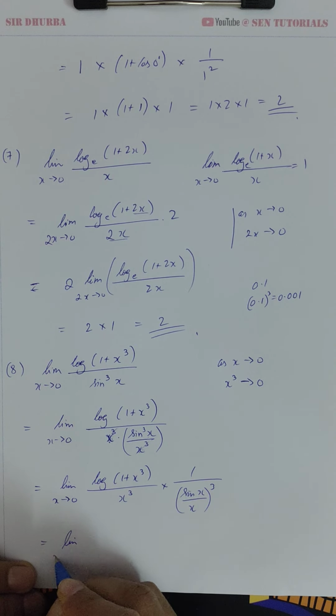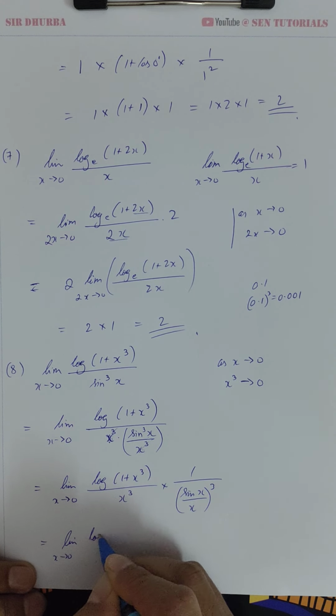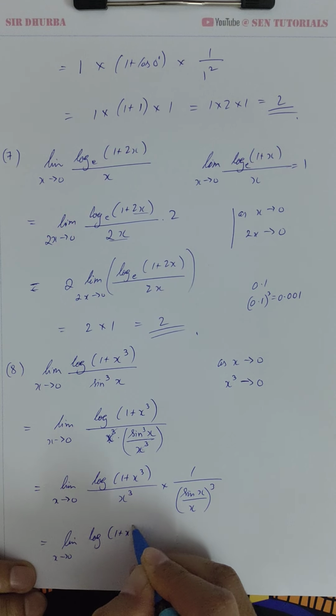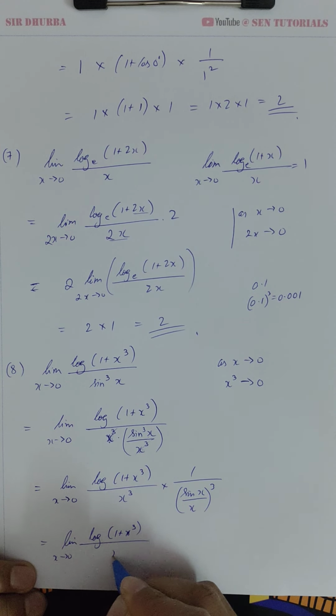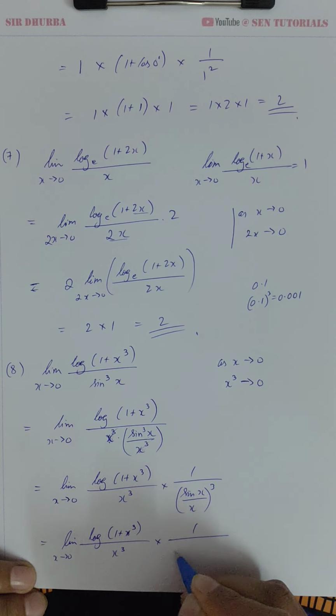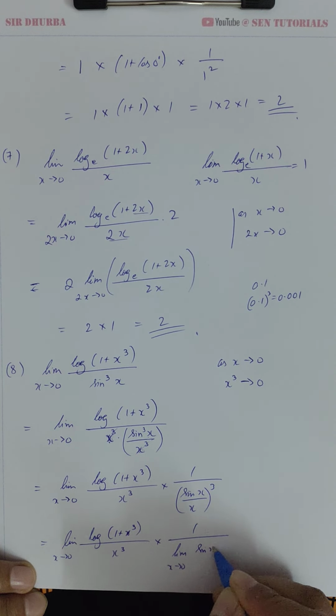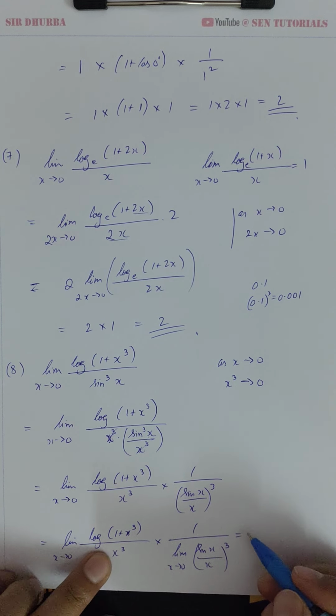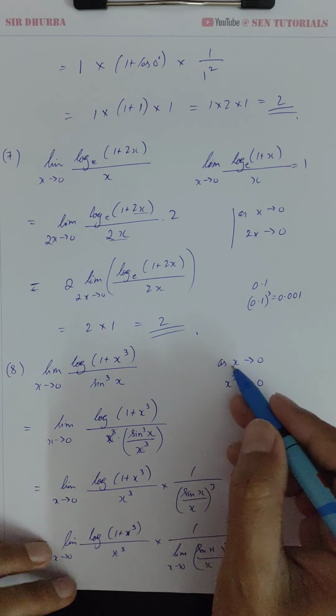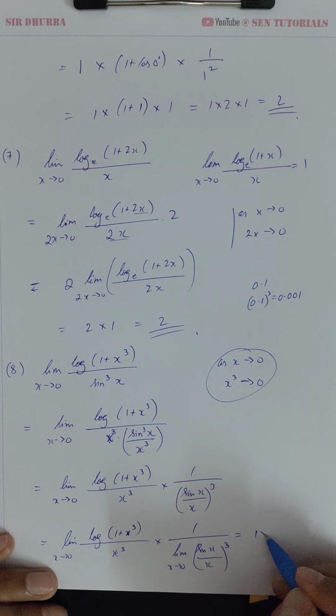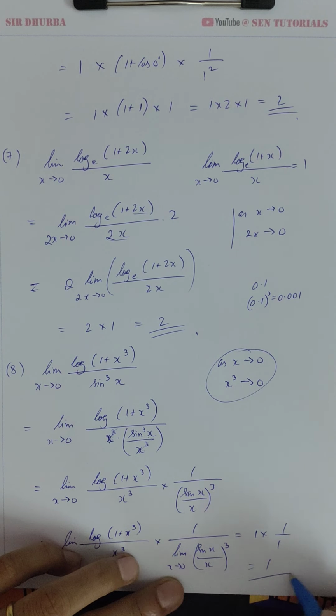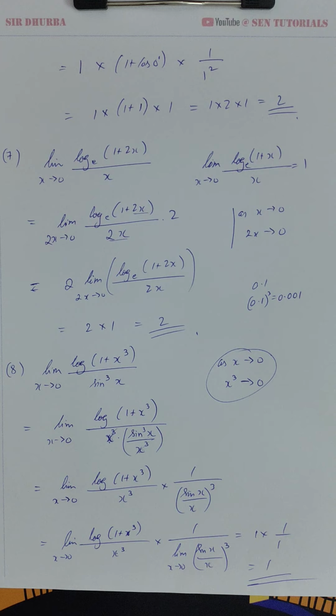So then it becomes limit as x tends to 0 of log of 1 plus x cube divided by x cube, into 1 by limit as x tends to 0 of (sin x by x) whole cube. This is how much? Same term, x cube tends to 0, so this is 1, and this is also 1. So the answer is 1.